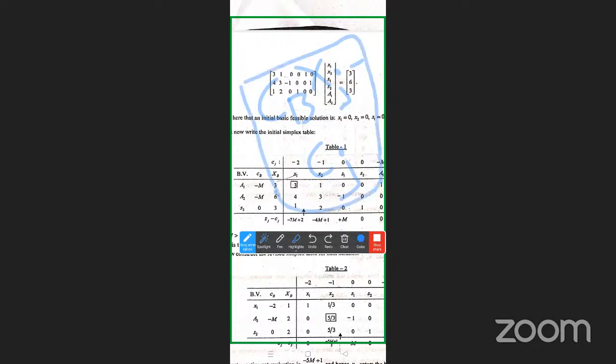Is that clear? So this is the formula for delta J.